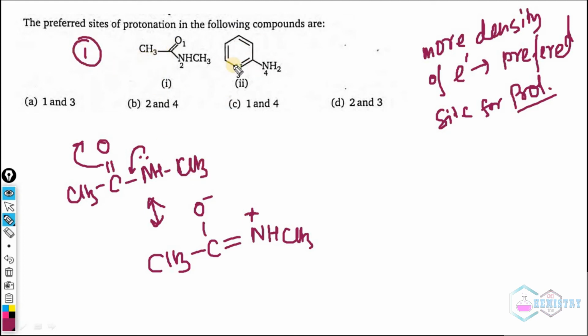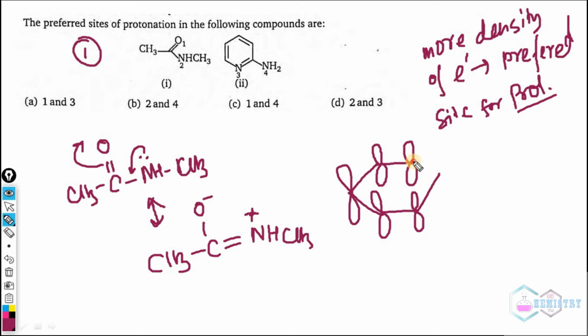Now come to this point. This nitrogen, that is the nitrogen on the pyridine ring, cannot take part in resonance. As we know, in the pyridine ring all the p orbitals are perpendicular to the ring, but the lone pair on the nitrogen is in the plane of the ring, so it cannot delocalize with the ring p orbitals.